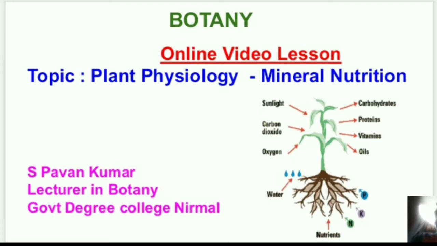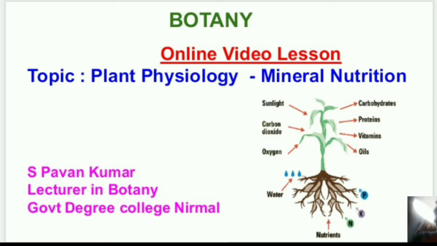So the plants need at least 16 elements for nutrition, which is suggested by the scientist known as Arnon. These elements are known as essential elements. These may be required in small amount or in large amount.